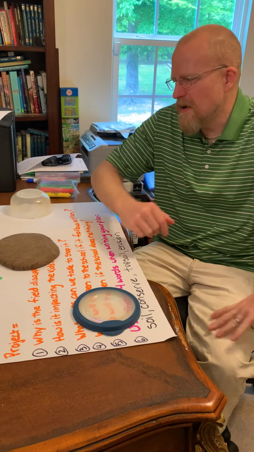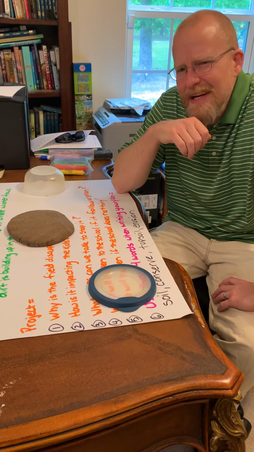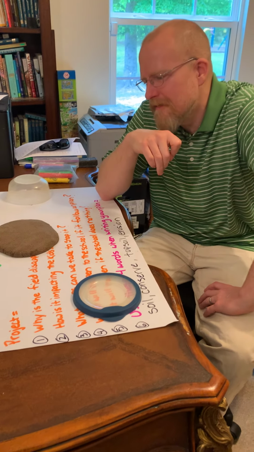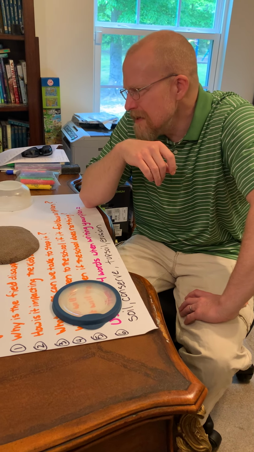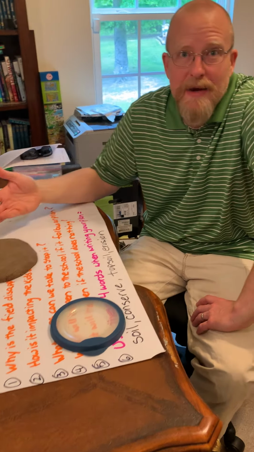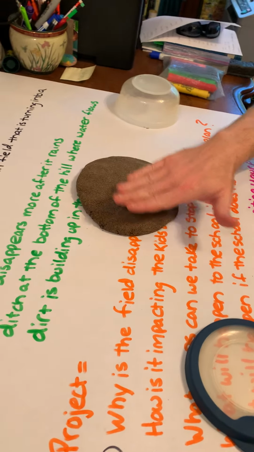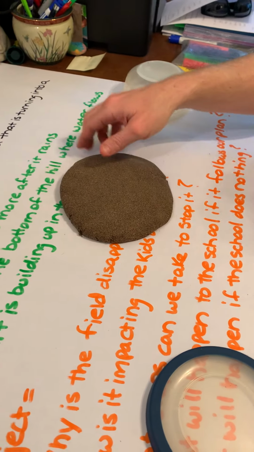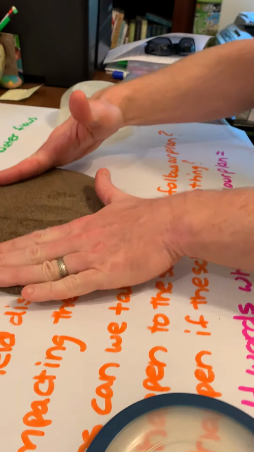Let's say that this is their playground. Flat dirt field. Kind of reminds me of the field that we have in the middle of the track at Elmont's playground. But every time it rains, and I'm not going to make it rain on my desk, the water starts to turn our flat mound into a hill that slopes down.